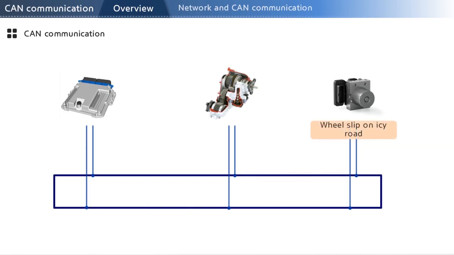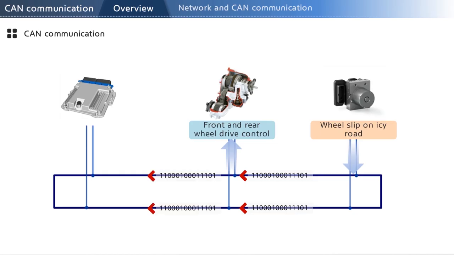If wheels slip on an icy road and the ESC sends a signal, AWD distributes traction to the front and rear wheels, while the engine ECU reduces torque to allow the car to get rough driving performance, all in an organic manner.